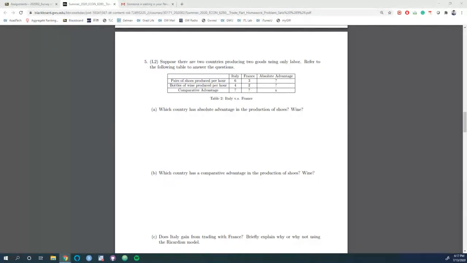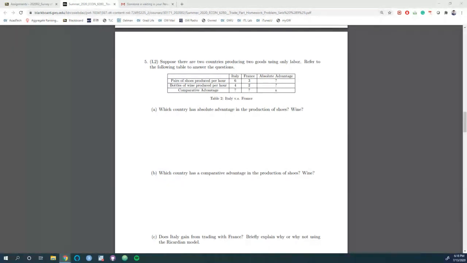So you see here, we have the marginal productivity of the shoes, right? Shoes and wine are two goods in this model, and I have two countries here, which are Italy and France. So the first step to figure out the Ricardian model is to draw the production possibility frontier, right?